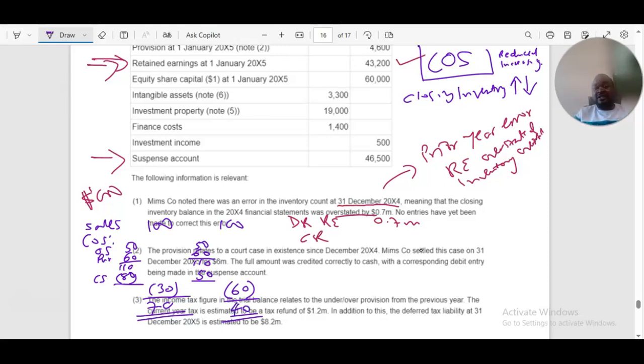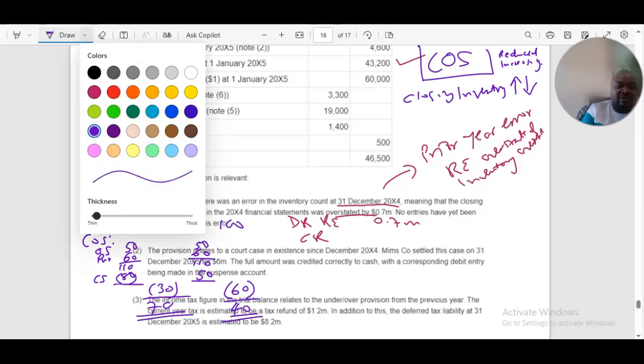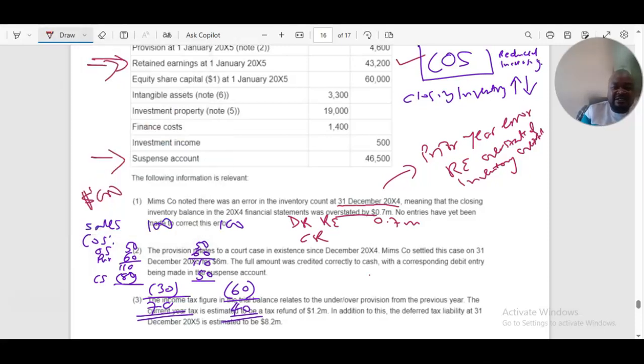So what am I trying to say? As you can see in my hypothetical example, if the closing stock was high at 80, we obtained a gross profit of 70.